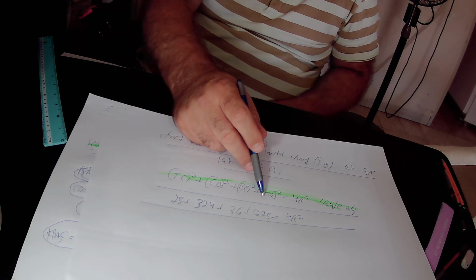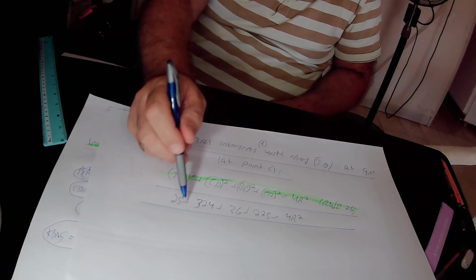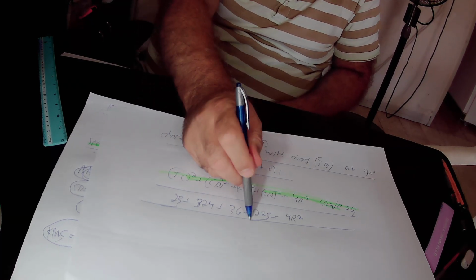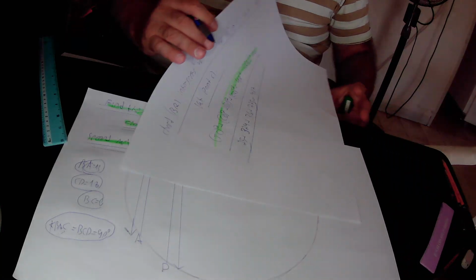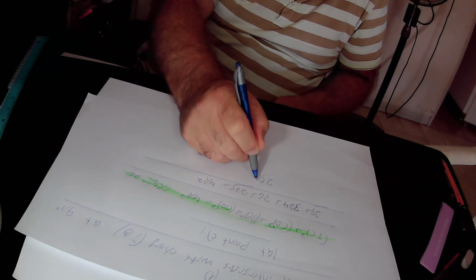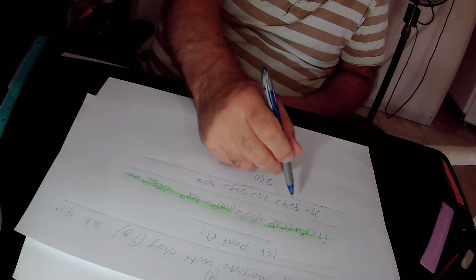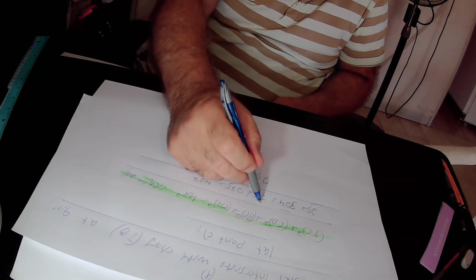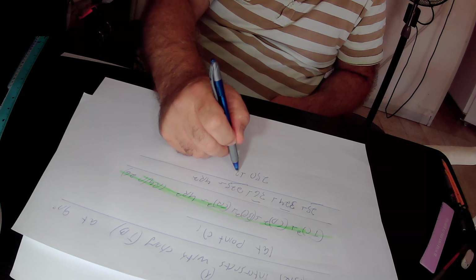25 plus 225 is 250. And 324 plus 36 is 360.